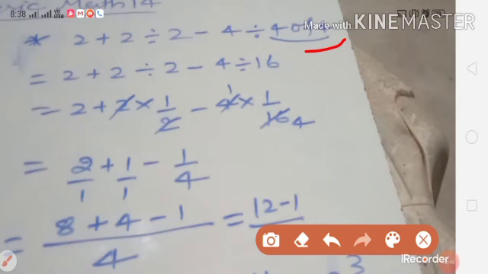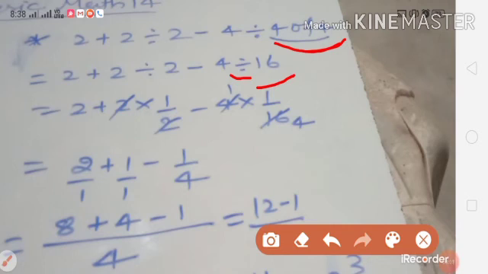Here you know that the function of "of" will occur first. So we have to write up to divide, from the first to divide, and do the function of "of". So we find that the function of "of" is done as a multiplication.